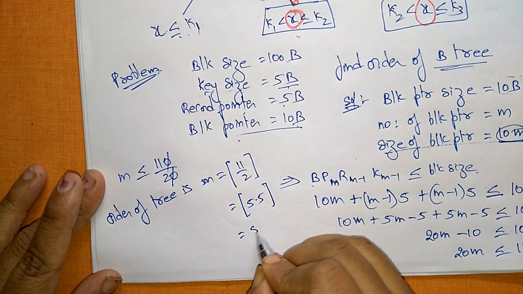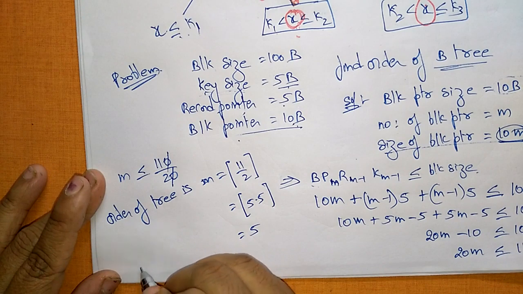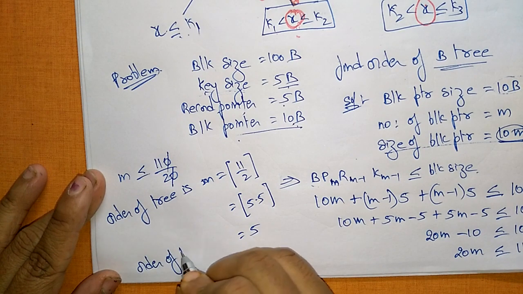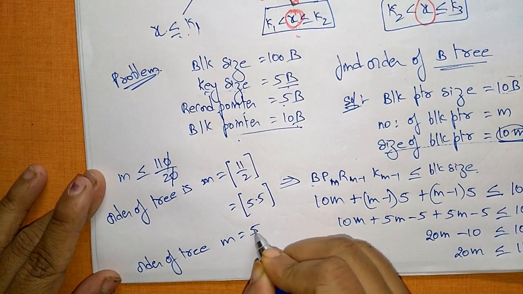So you will get 5. The order of the B tree is 5.